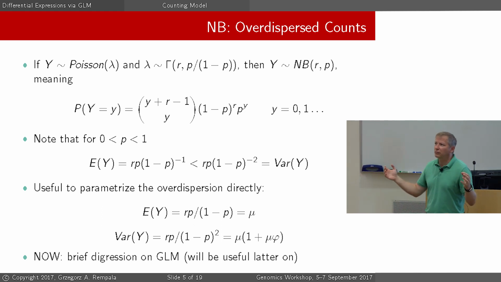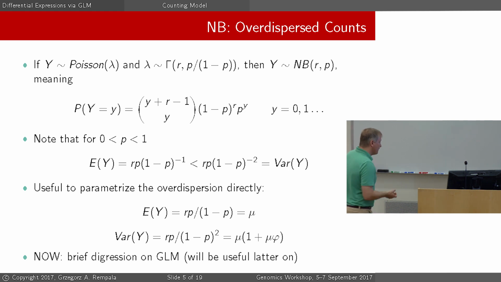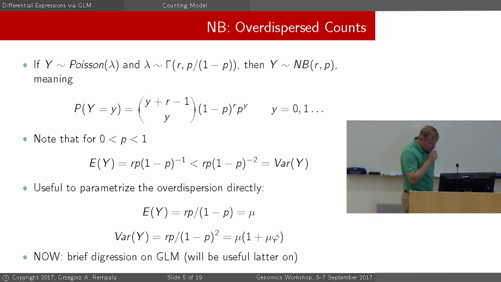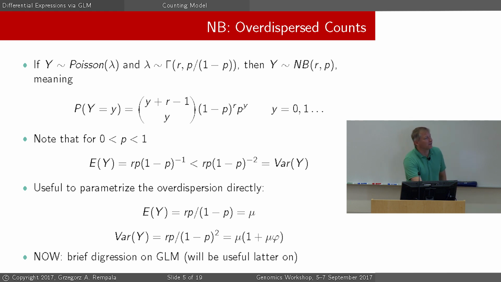We would like to be able to build a flexible model that will allow us to use all of that information to potentially help us with making decisions about what should or should not be called differentially expressed. So we need a general way of analyzing this: generalized linear models. Very briefly, I will tell you what these things are, and hopefully it will make it easier to understand where we're going with this.